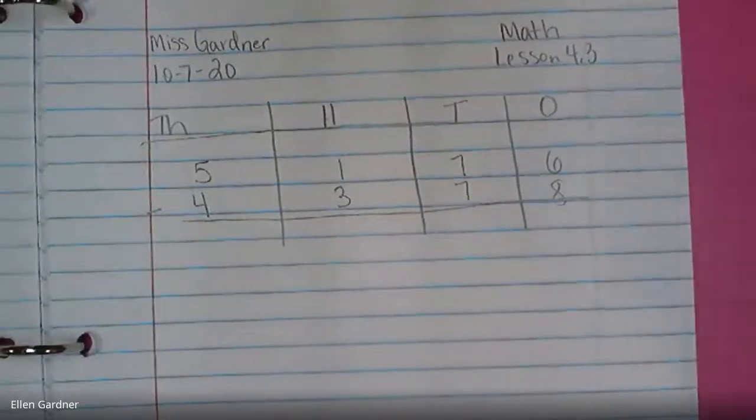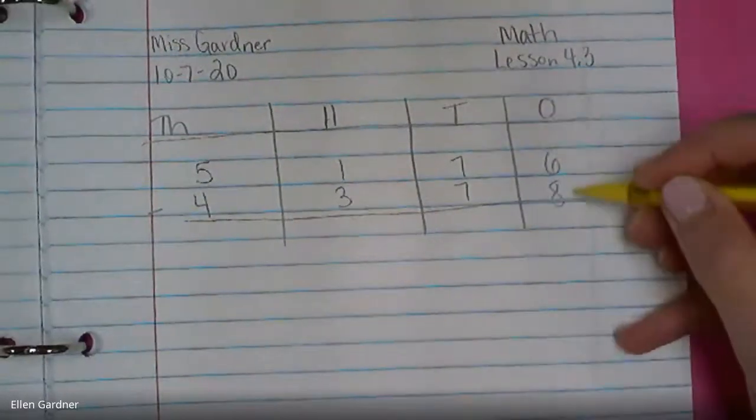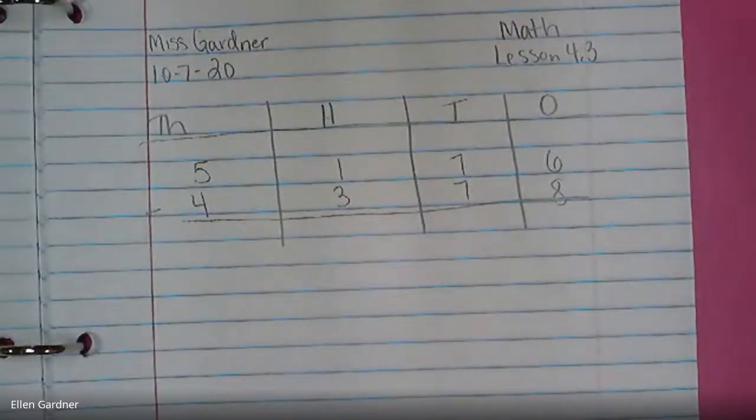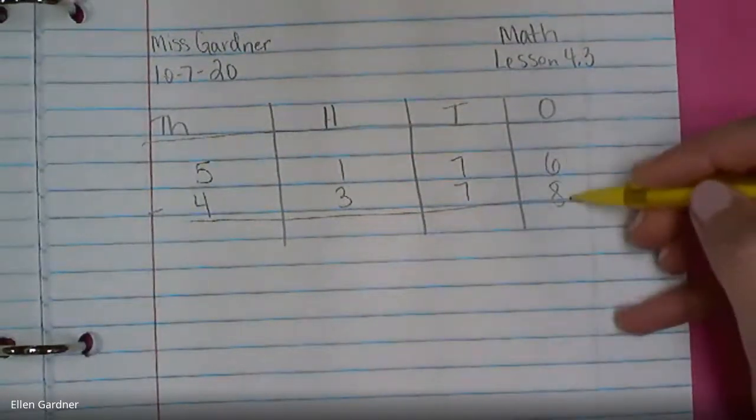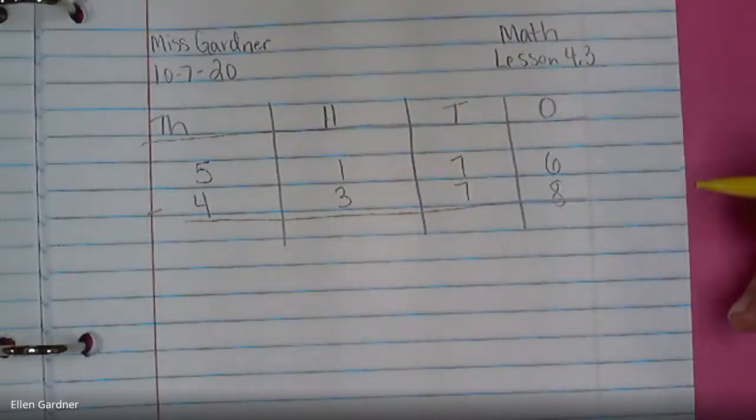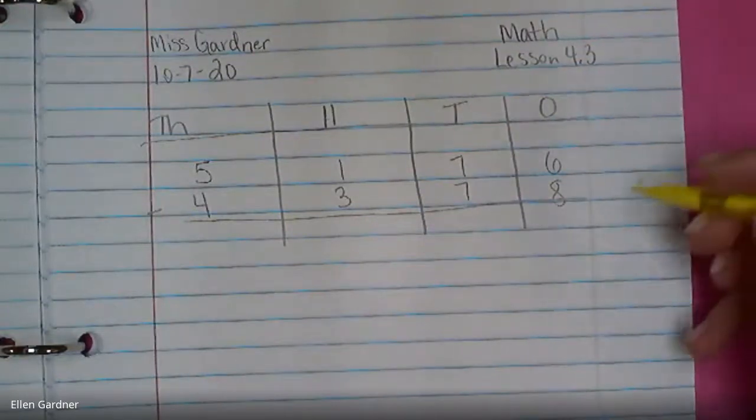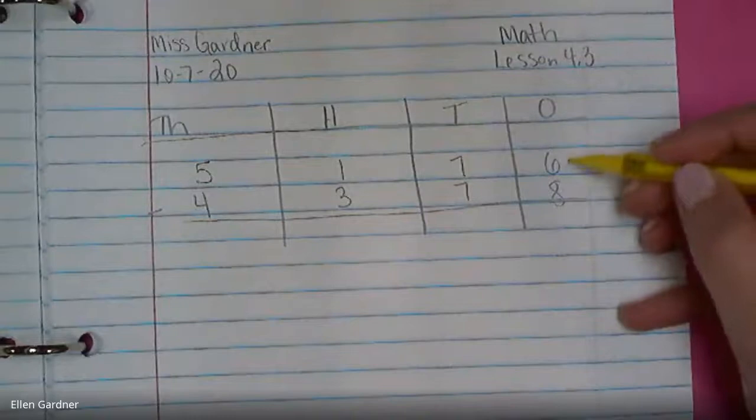In the ones place, we have 6 minus 8. Can we subtract 8 ones from 6? No, we can't because the digit on the top is smaller.